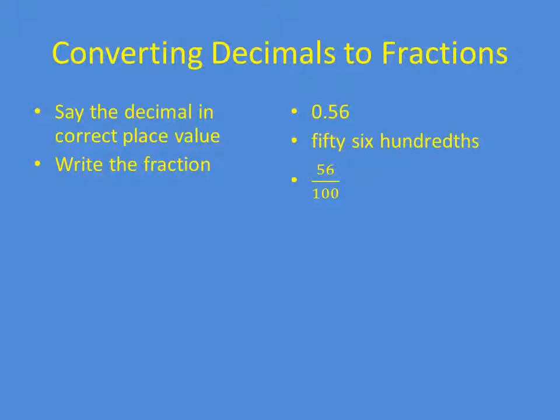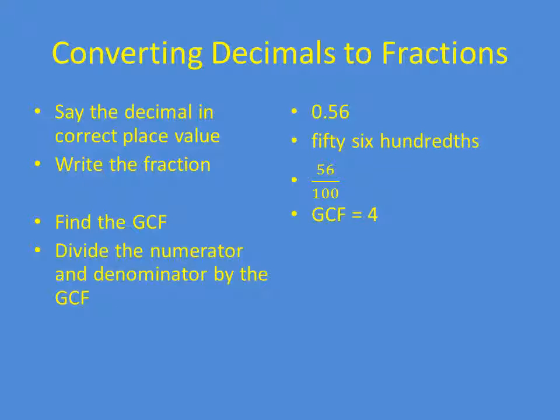Now, what do we always do with fractions? We always have to put them in simplest form. So my next step is going to be to find the greatest common factor, which is the GCF. In this case, it happens to be 4. And I'm going to divide the numerator and the denominator by the GCF.